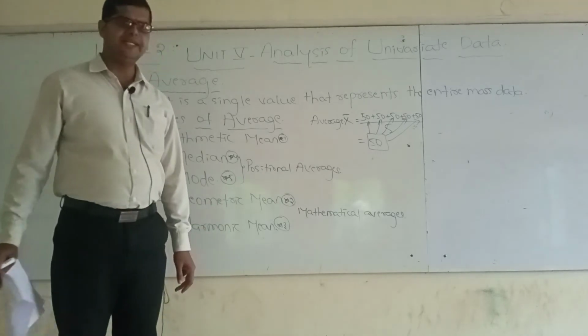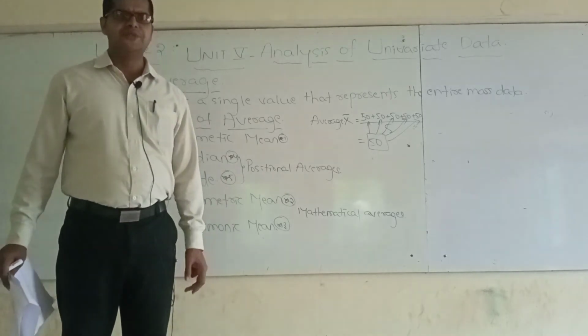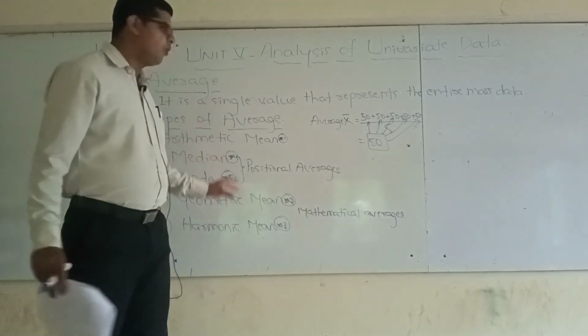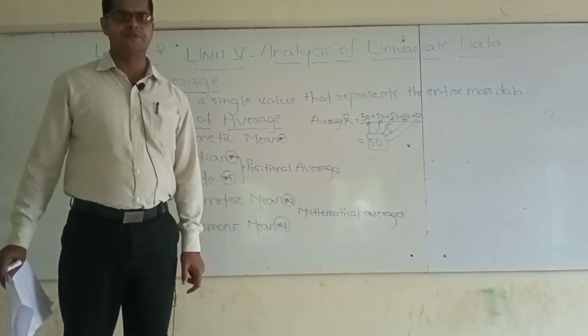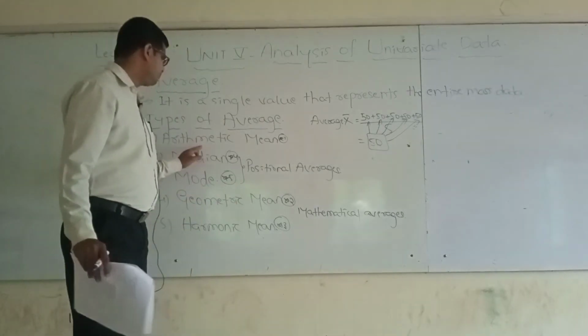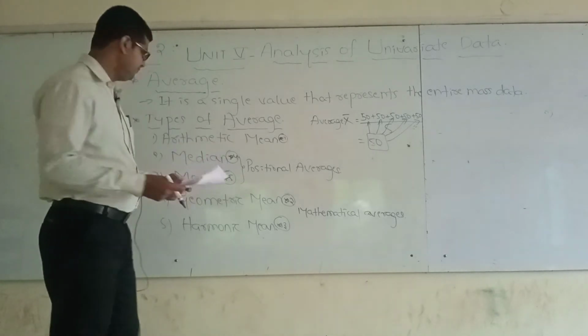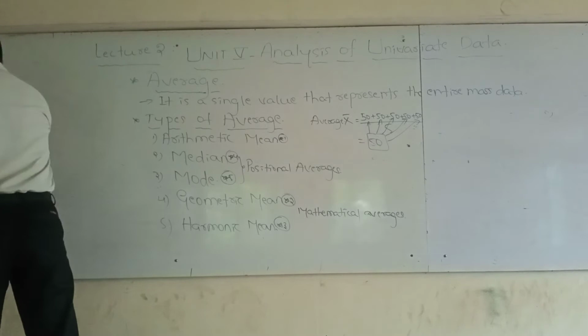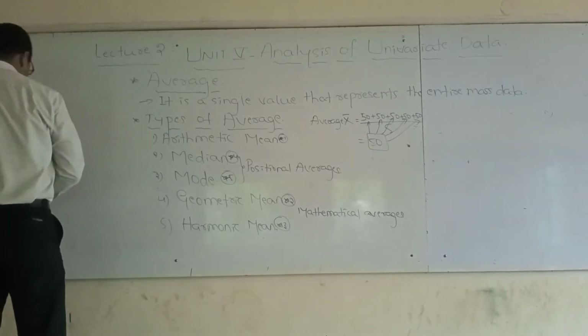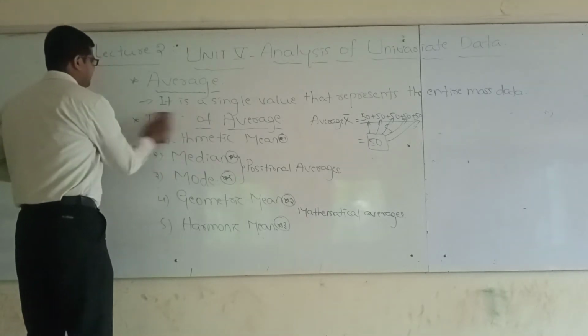Likewise, finally we take the geometric mean and harmonic mean, so that you can easily understand all the 5 types of averages. Okay, so today we start with the first type of average, arithmetic mean. But try to remember the main heading, that is types of average.